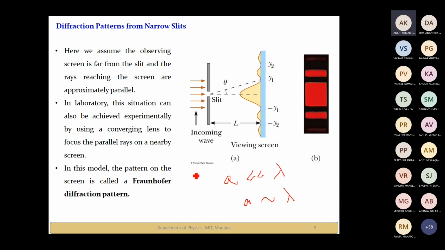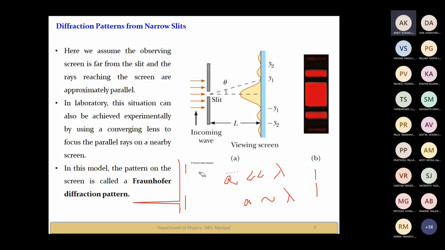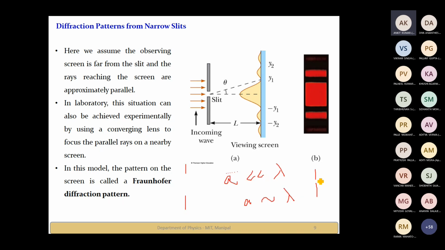The moment you relax the condition, suppose you have a wider slit like this, and you have another case, an almost vanishing slit like this, what will happen whenever a wavefront approaches? Change the color of the wavefront, that would be better. So change the ink color.